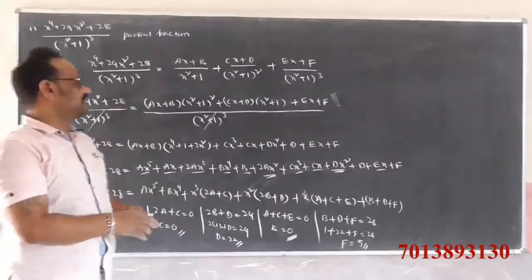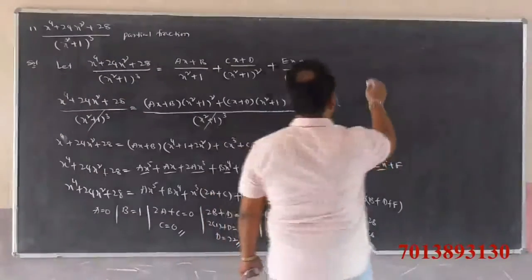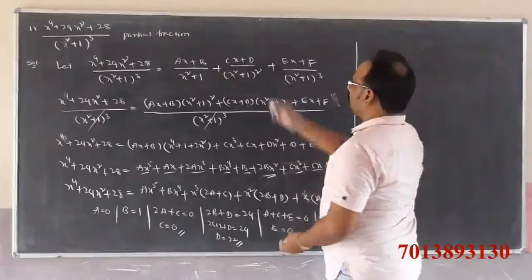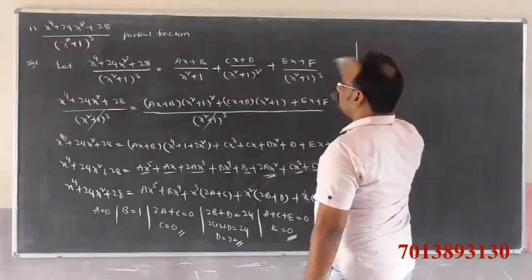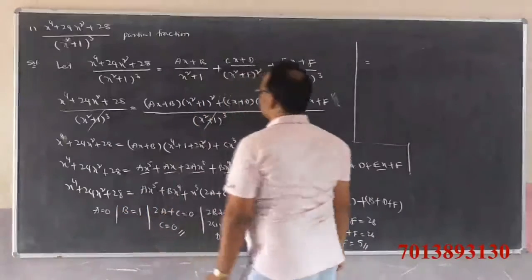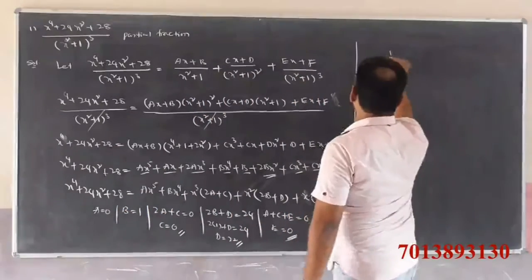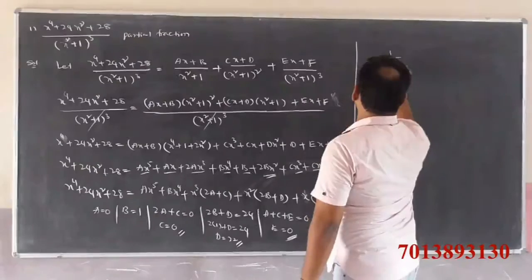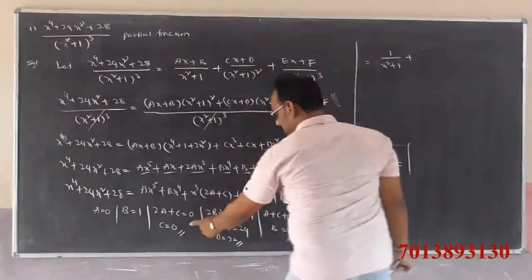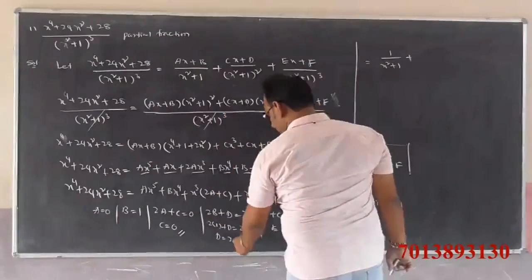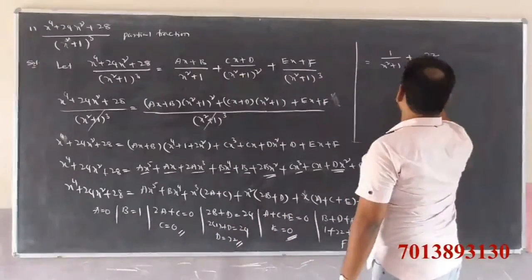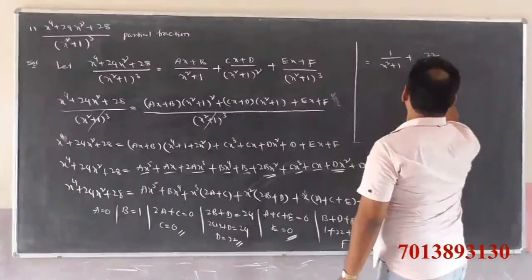If you substitute the A, B, C, D, E, F values, we get ax plus b over x square plus 1, plus cx plus d over x square plus 1 whole square, plus ex plus f over x square plus 1. A value is 0, b is 1, so we get 1 by x square plus 1. C value 0, d value 22, so we get 22 by x square plus 1 whole square.